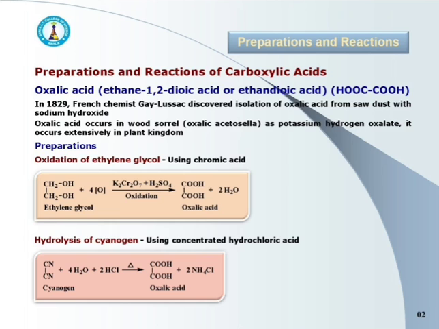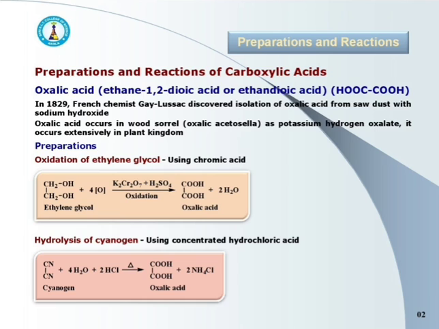Preparations of oxalic acid. Oxalic acid can be prepared by different methods, and the first one is by oxidation of ethylene glycol. Oxalic acid can be prepared by the oxidation of ethylene glycol using chromic acid.